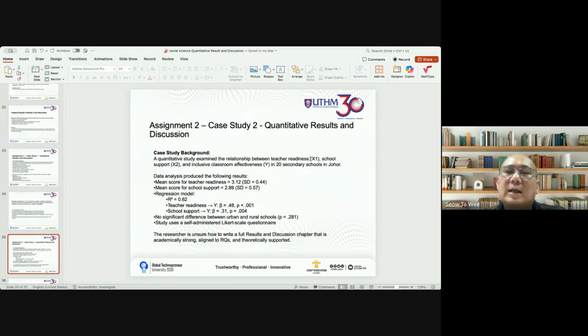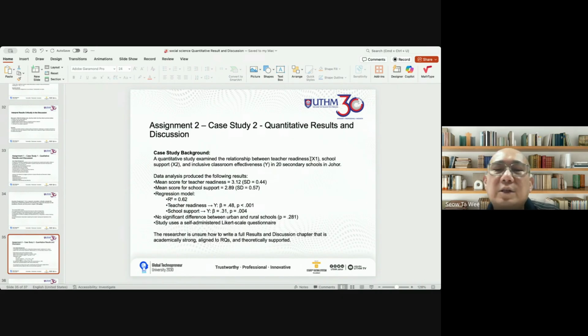The data analysis produced the following results. Mean score of teacher readiness is 3.12, SD equal to 0.44. Mean score of school support is 0.89 and SD is 0.5.